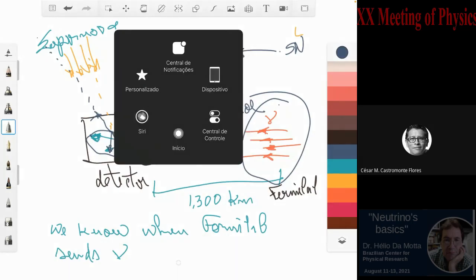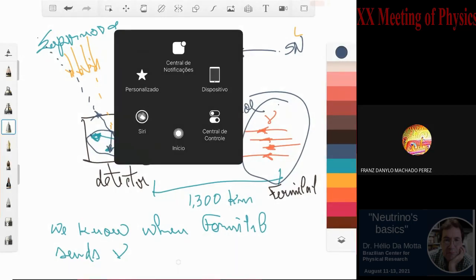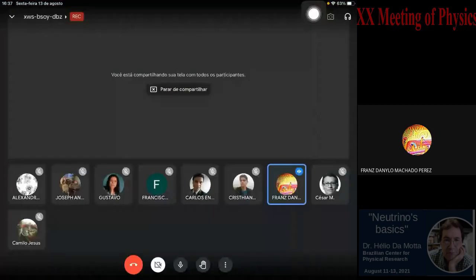Okay? But what happens if we have, I don't know, two supernovas in the same direction? Then how can we identify the origin? Having two supernovas in the same direction, gosh, it's very hard to have even one supernova. We don't know when they will happen, but you know they are rare.